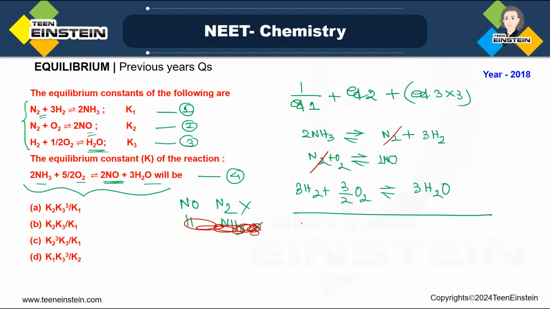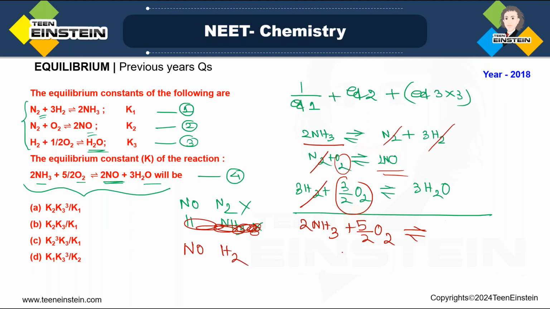So 2 ammonia, then 3 by 2 O and 1 O, that means it will be total 5 oxygen. Then you have to write 2 NO. No hydrogen is present basically. So no N2, no hydrogen. So hydrogen cancels, 2 NO, 3 H2O. Now you have obtained the final equation, that is equation 4.